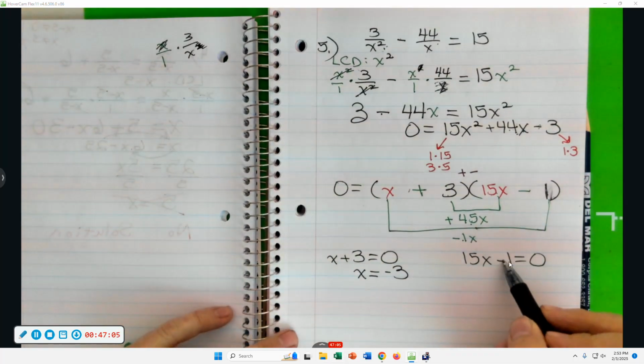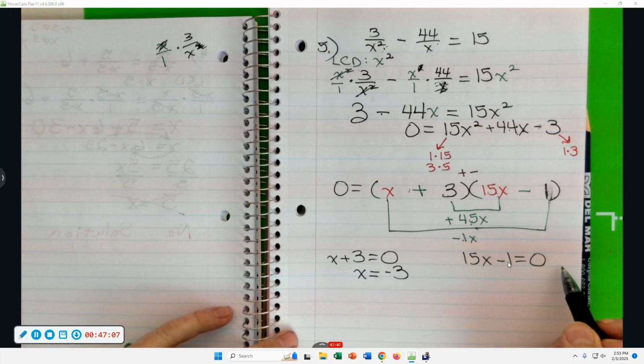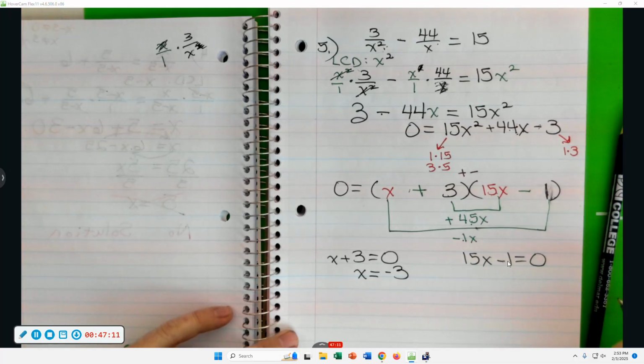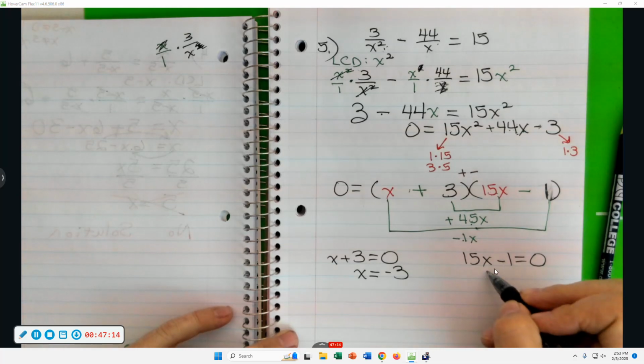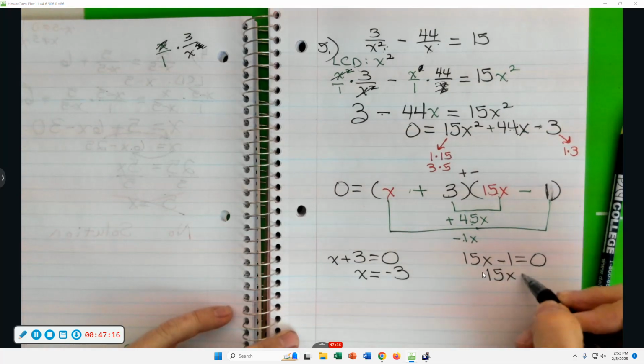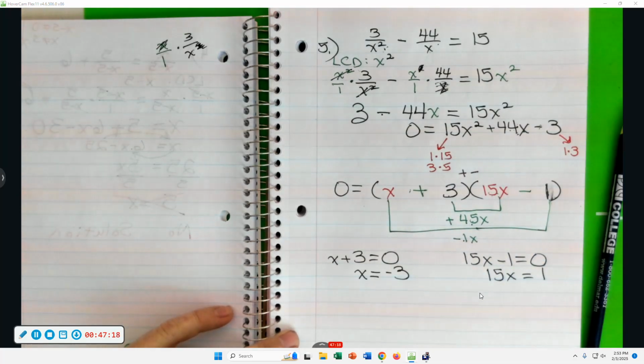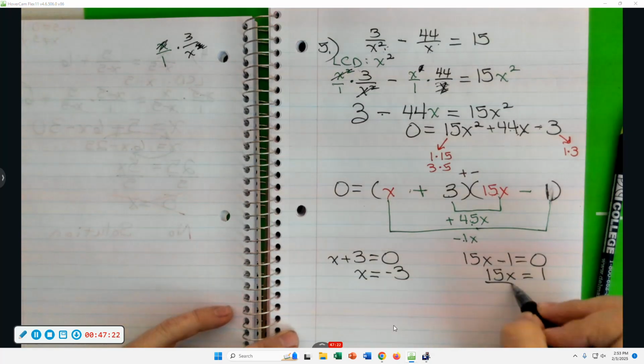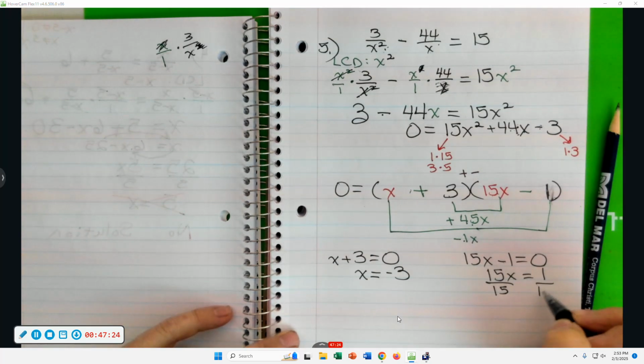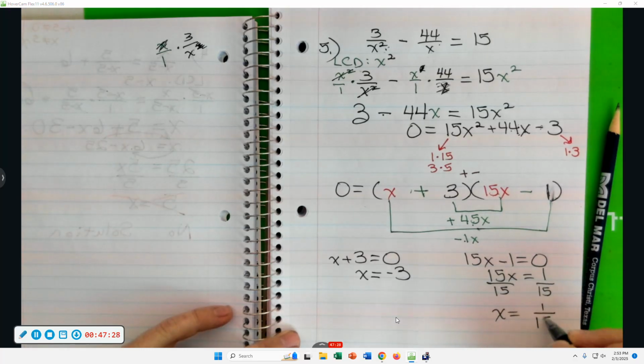For this one, we need to get that constant over on the right-hand side. So what are we going to do? Positive 1. Okay, so we're going to have 15x equals a positive 1, and then you have to divide 15 by 15, to give us x equals 1 over 15.